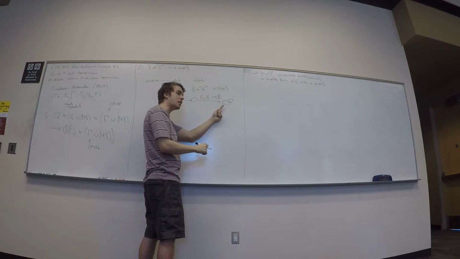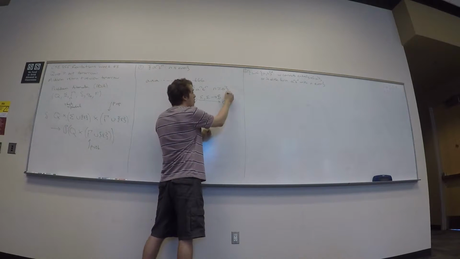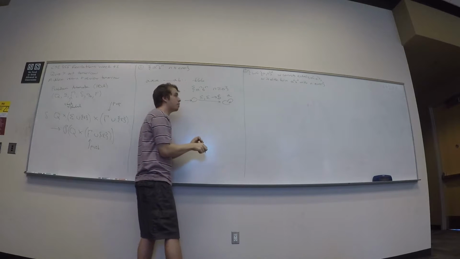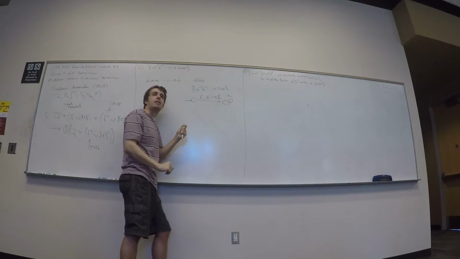So should I read anything on this transition? Yeah, as long as I'm seeing A's, I'm going to read an A, obviously. Should I pop anything?